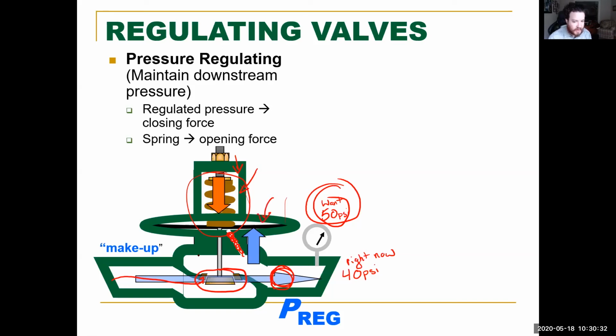Is it going to be from above? Is it going to be from above on the upstream side? Is it going to be from below on the upstream side? Is it going to be from above on the downstream side? So all those four positions, and then the two positions of the spring, either above or below, and then the two positions of how it seats. Either it's seating on top of it or it's seating below it. All right, so those are all the things that we have to be looking out for.